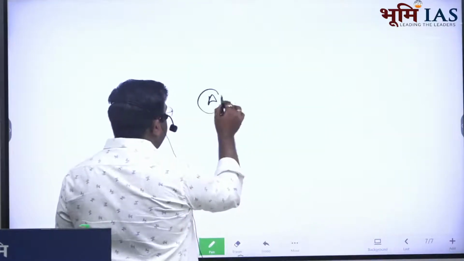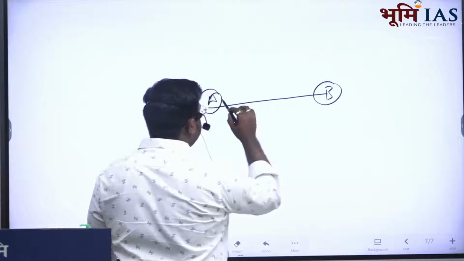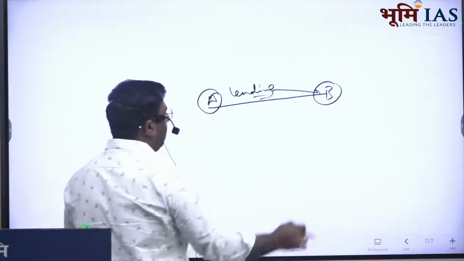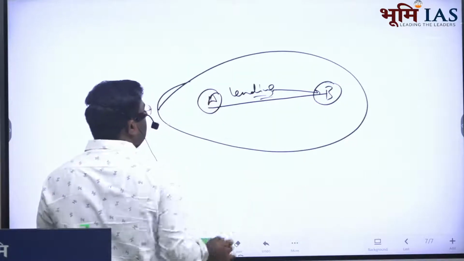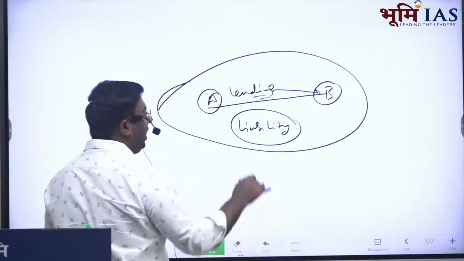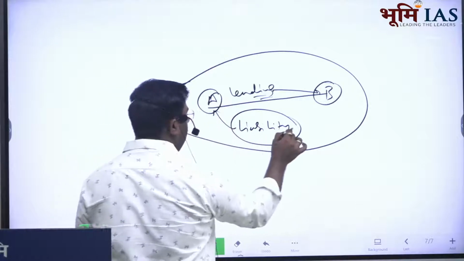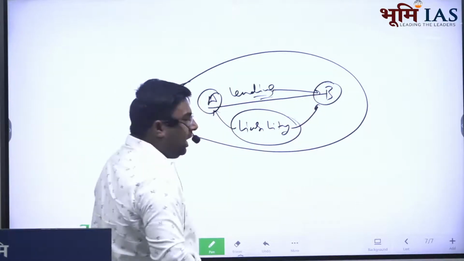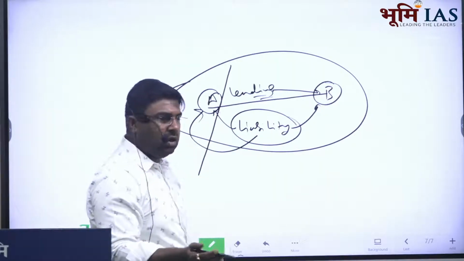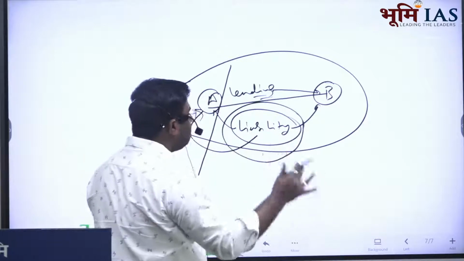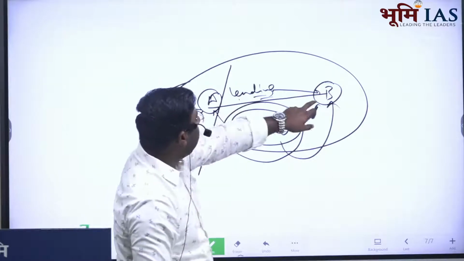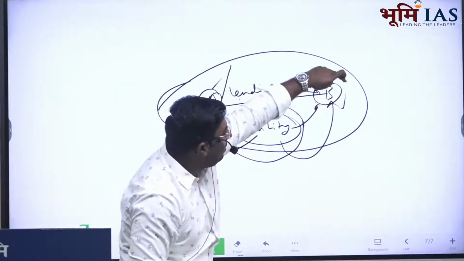When an individual lends a specific amount to a different individual, for example A is lending an amount to B, in this case the very concept of liability should be discussed in the context of which individual, A or B? Is there any sense of this word for A? No. The word liability has its relation only with B. When B borrows an amount from A, liability will be increased.